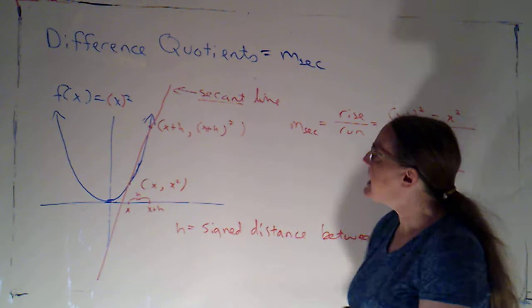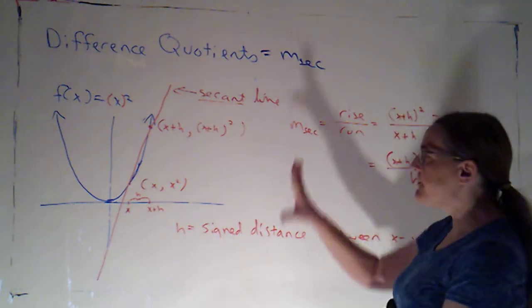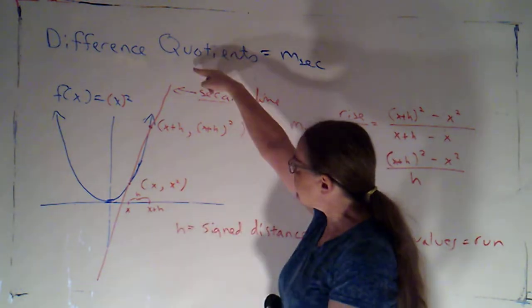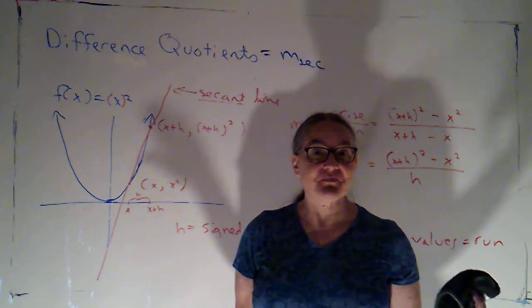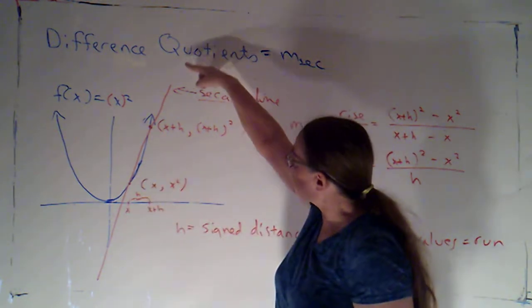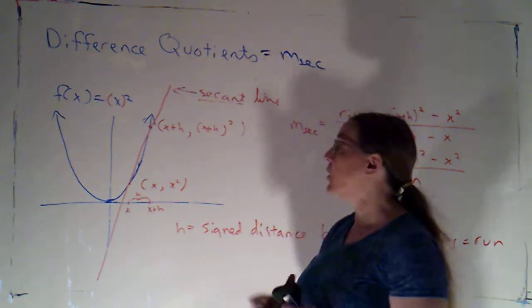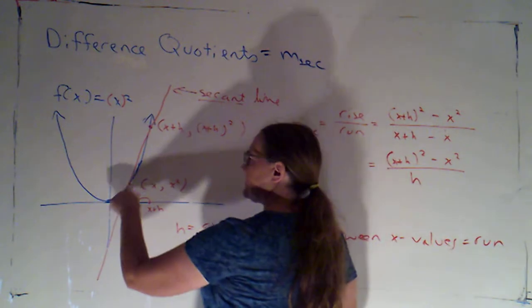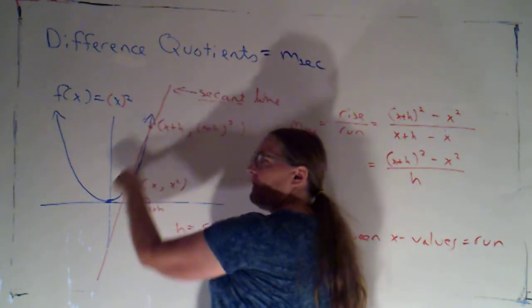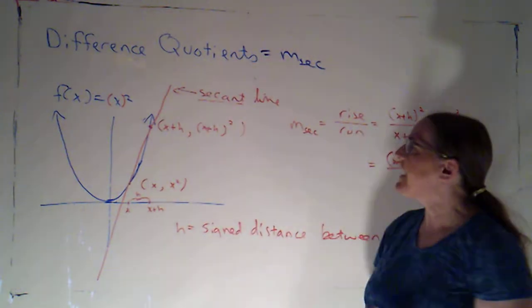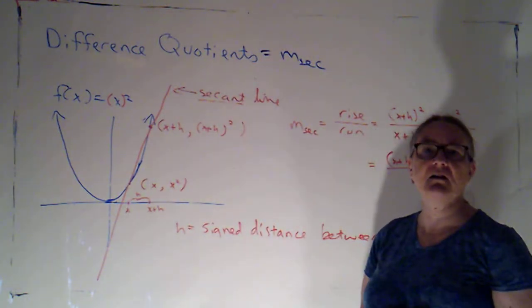Okay. Now, why is that so important? Well, what that does is that tells me how the function is changing. Because lines have a slope, right? And this line I can see is going up. It's going to have a positive slope. Now I can see this function is increasing on this interval, and that's going to be captured by the slope of that secant line.